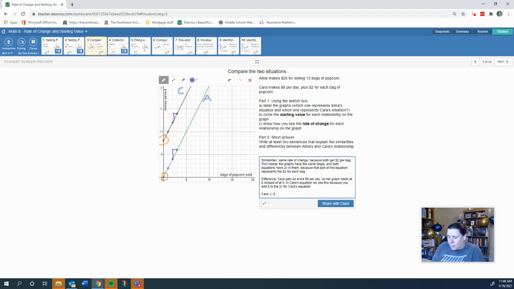Kara's equation is y equals 2x plus 8, and Alina's equation is y equals 2x. So you can see that they both have the 2x in them. Kara, because she starts with that $8 head start, that $8 starting value, her equation also has a plus 8 in it. And this is just a picky thing that doesn't matter. I like to have spaces. So there you go. Okay.